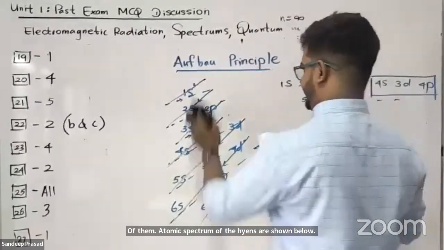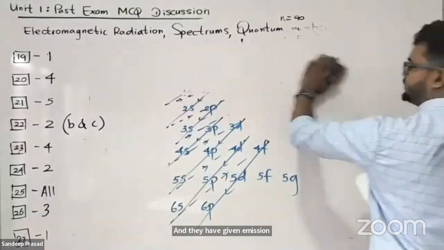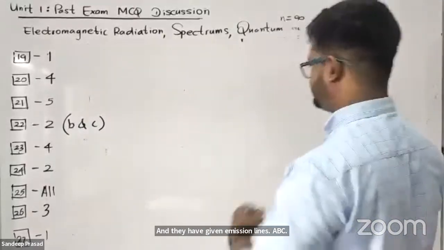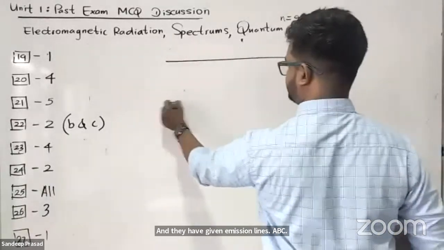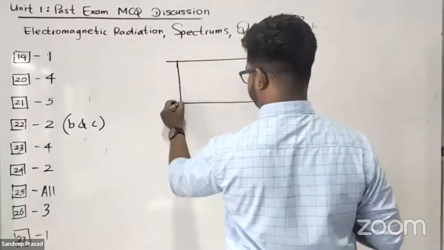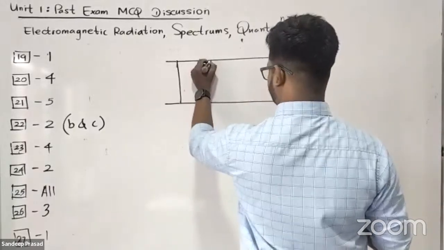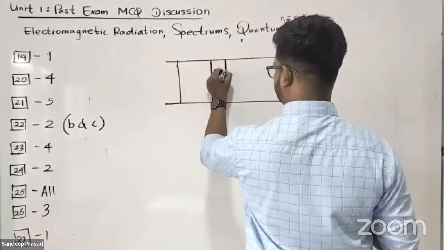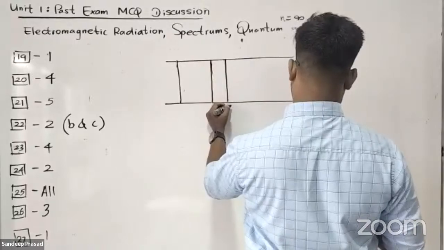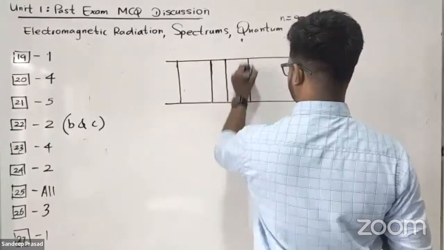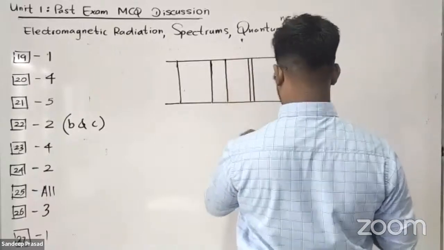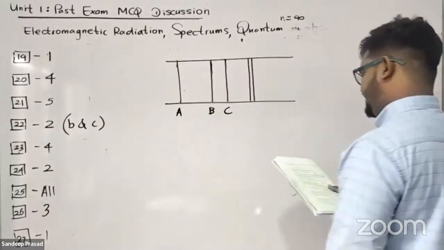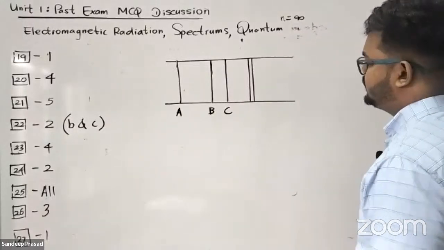They have given emission lines A, B, C. The colors of the lines A, B, C respectively, right?